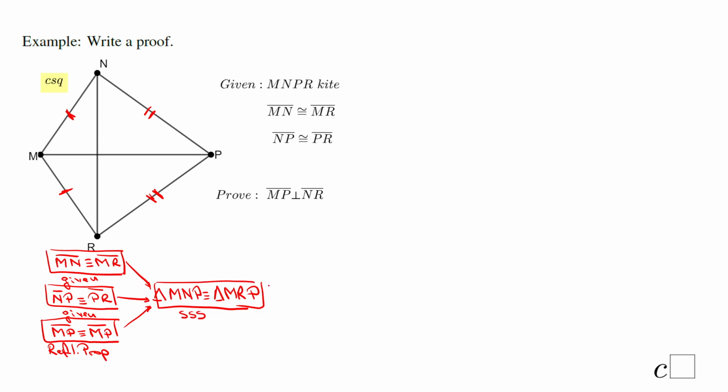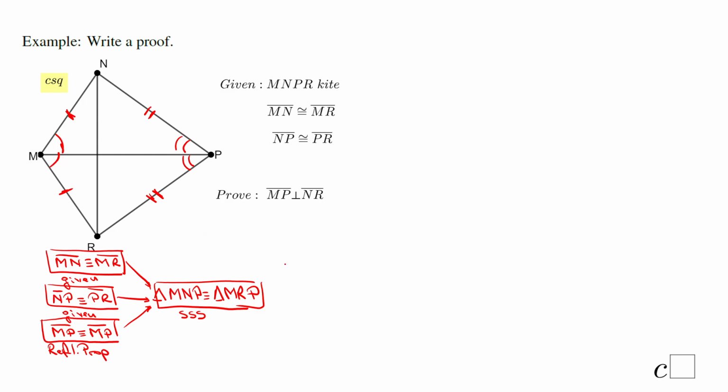Now, because these triangles are congruent, then we know these two angles should be congruent. Those are the corresponding two angles. And these two angles need to be congruent. So I think I'm going to use just these two on the left.